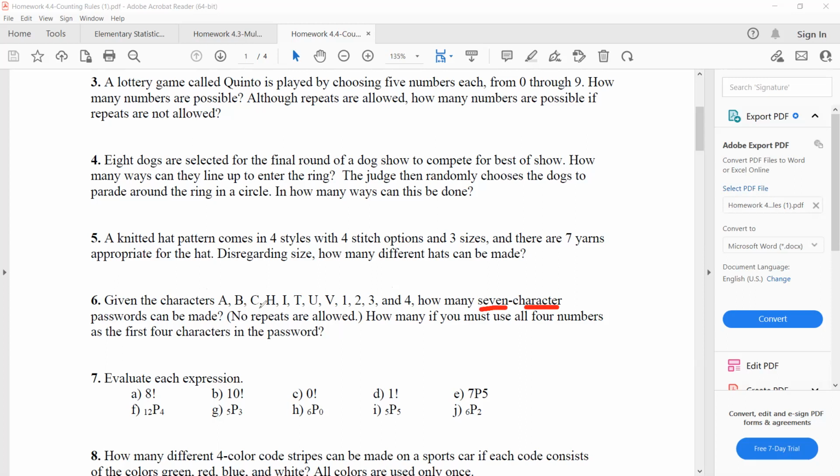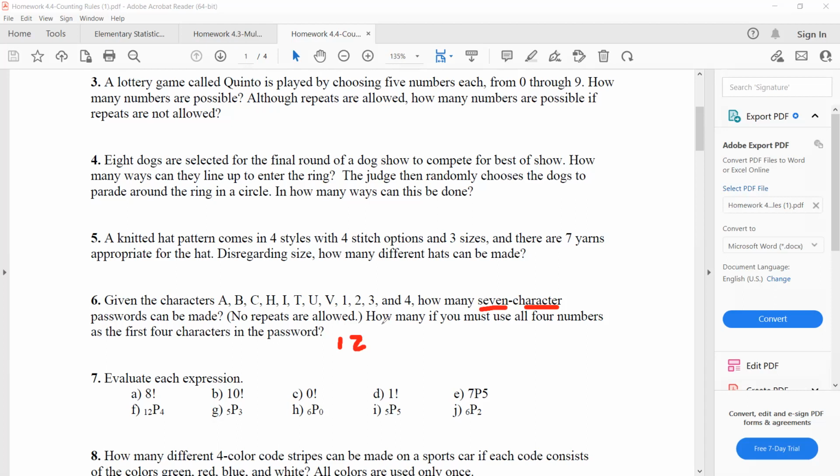And here she says no repeats are allowed. So we have to count the number of characters in this list. There's 1, 2, 3, 4, 5, 6, 7, 8, plus 4 numbers. That's 12 characters altogether. So there's 12 characters on this list.